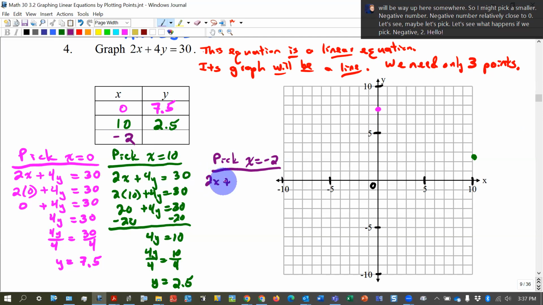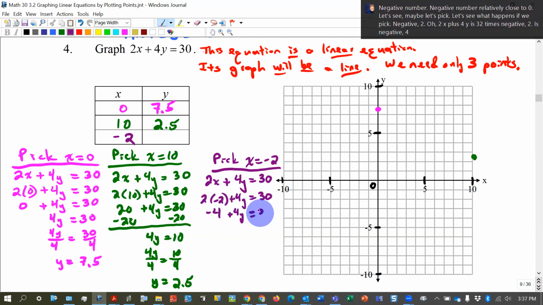So 2x plus 4y is 30. 2 times -2 is -4. Because that's negative, we're going to add 4 to both sides. So 4y is 34.